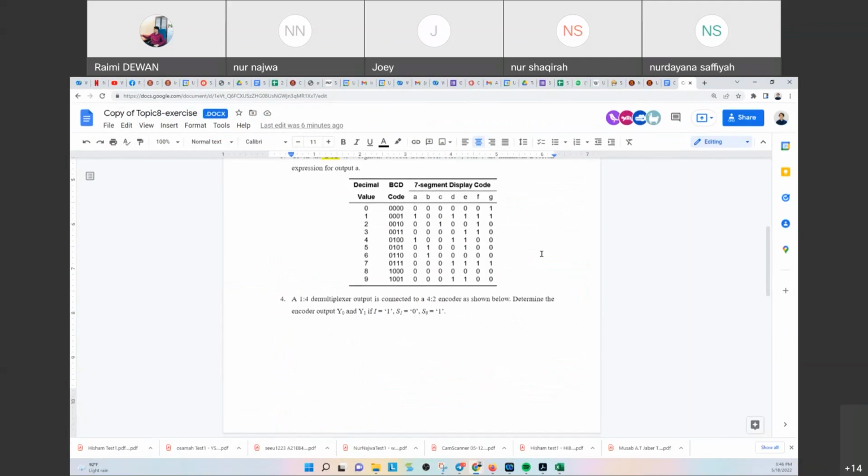First you need to know the multiplexer. Tell me, don't look at Google, don't look at the module: what is the important component and the important pin at the multiplexer?